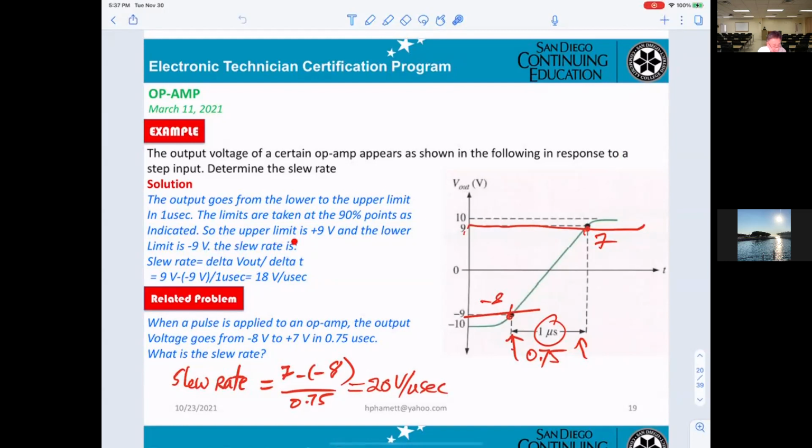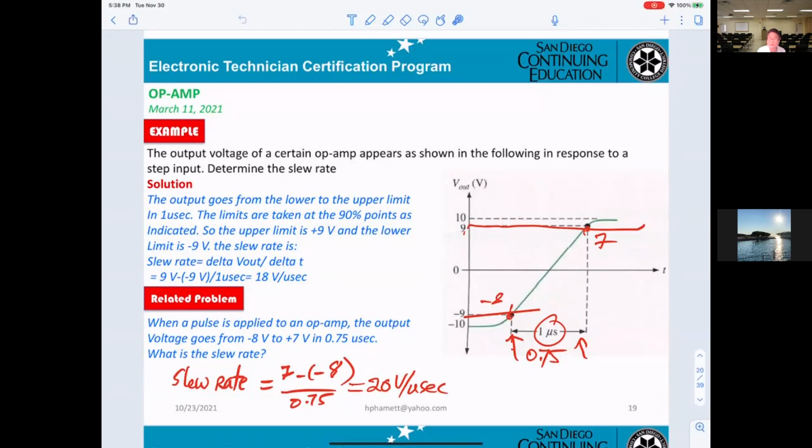Then the slew rate is delta V out divided by delta T. So basically they're going from minus 9 volt to plus 9 volt, divided by the time, 1 microsecond. So basically you get 18 volt per microsecond.